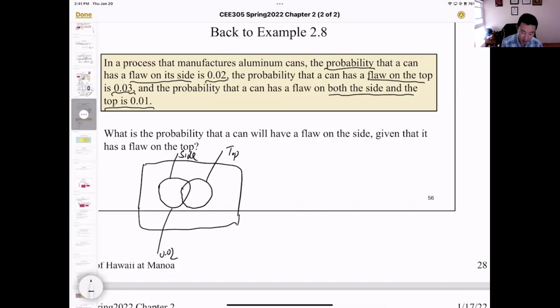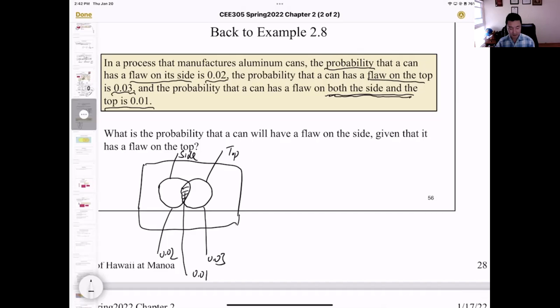Probability has a flaw on the top is 0.03, so this circle is 0.03. And a flaw on both the side and the top is 0.01. So that means here the intersection, meaning both side and top, is 0.01.